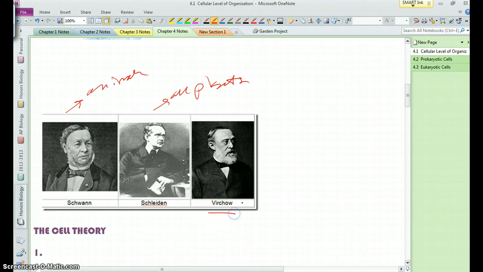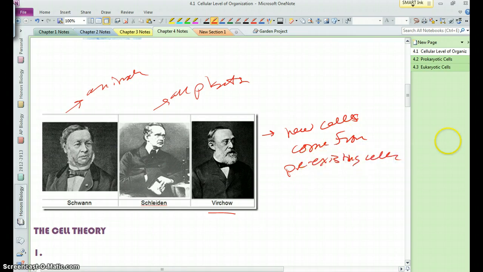Now Virchow's contribution here is that basically in order to get new cells you have to have old cells. So new cells come from, we would say, pre-existing cells. They don't just pop out of nowhere.